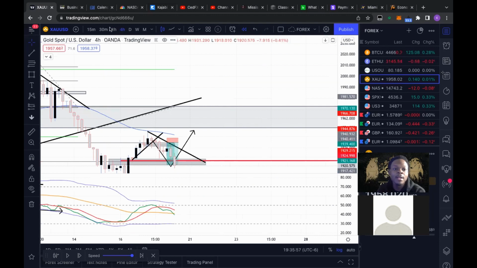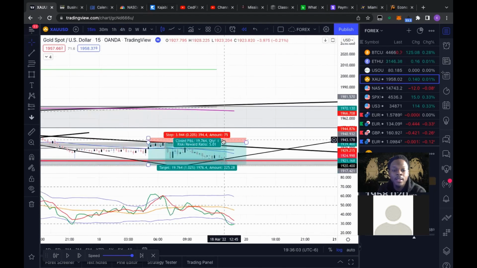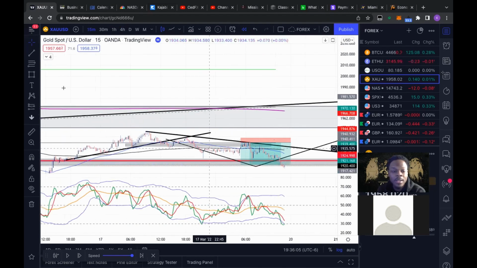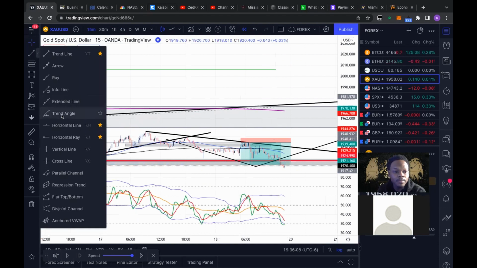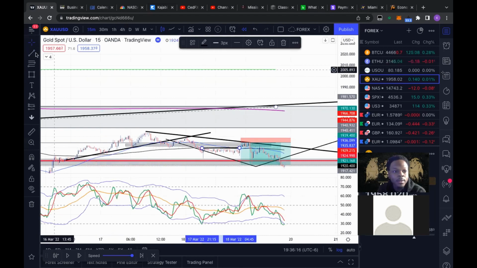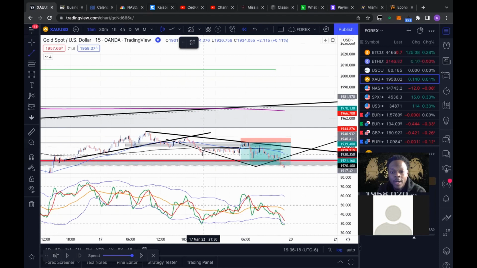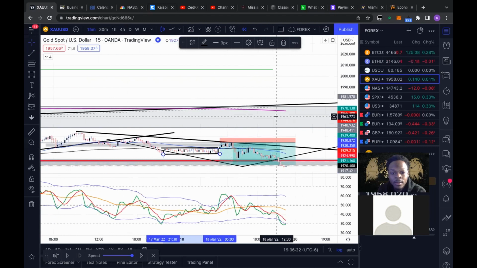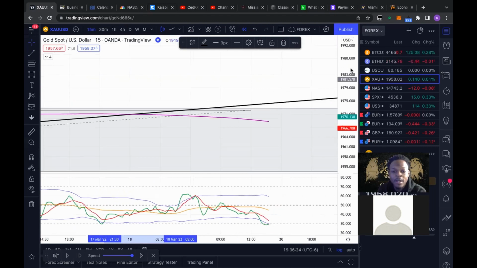What I mean by that is, we know that we are in a downtrend right here, but if I go down to the 15-minute, it looks like the market just broke out of consolidation from here to here, and it created a higher high on a 15-minute time frame.